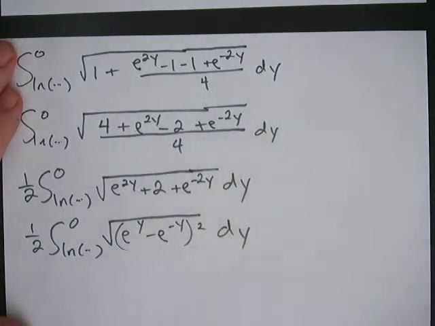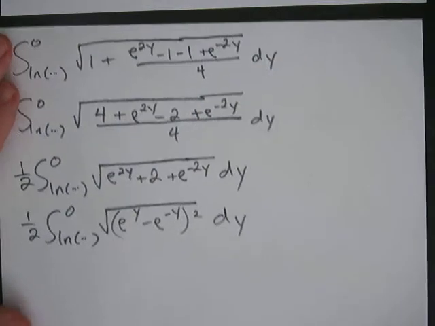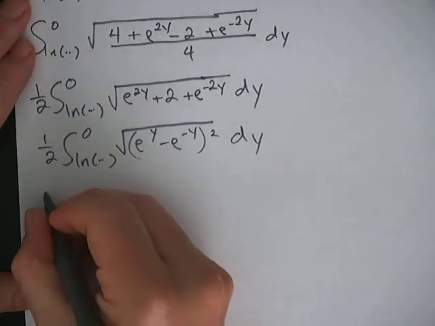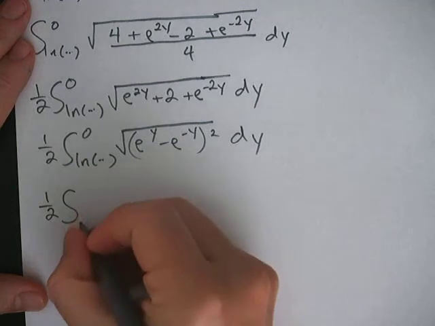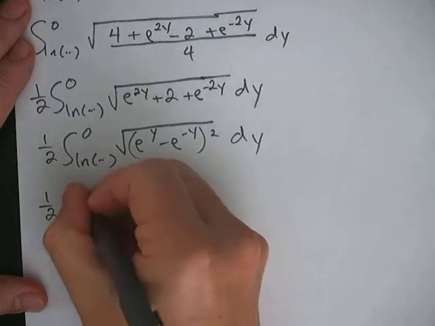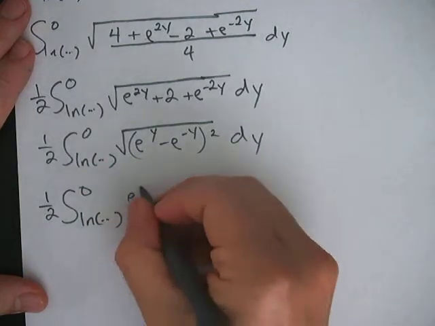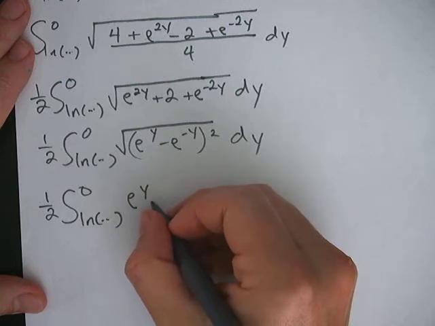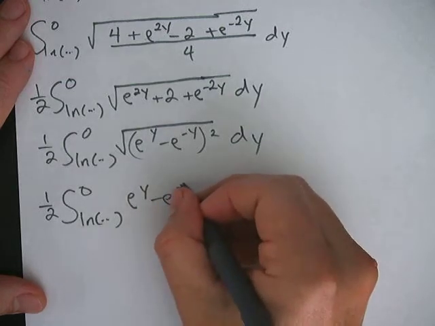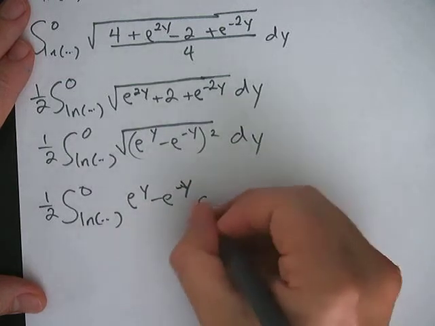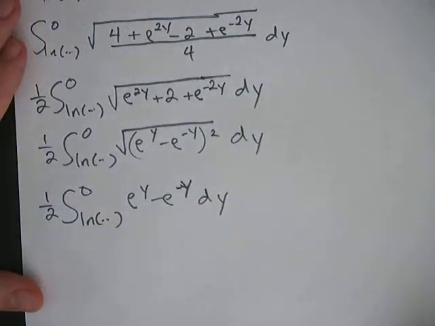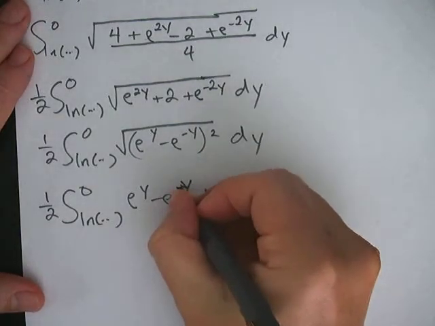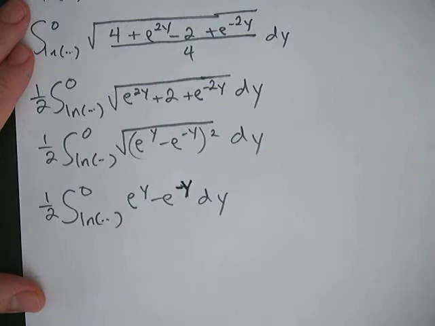Of course, when we get the square and the square root, they cancel each other out. So we would have 1/2, and then we'd have e to the y minus e to the -y dy. Okay, so that's a lot easier. Sorry, that's a -y right there. That's a lot easier to integrate.